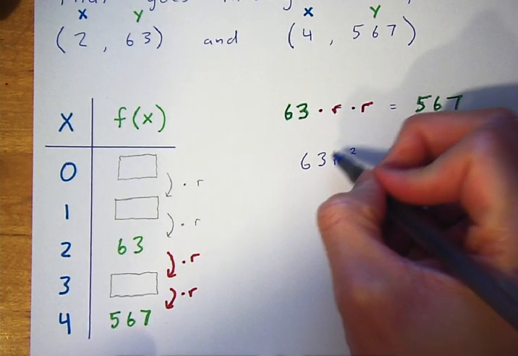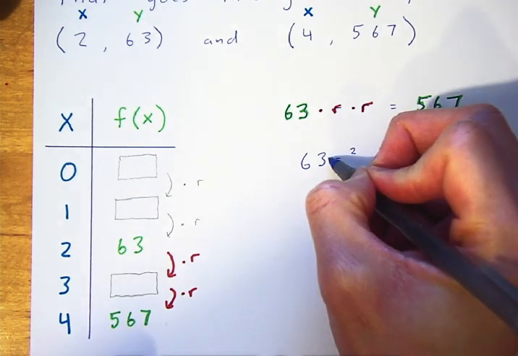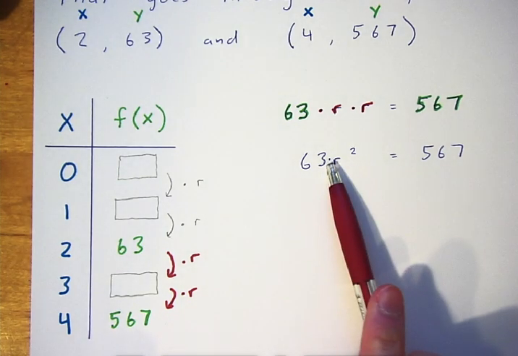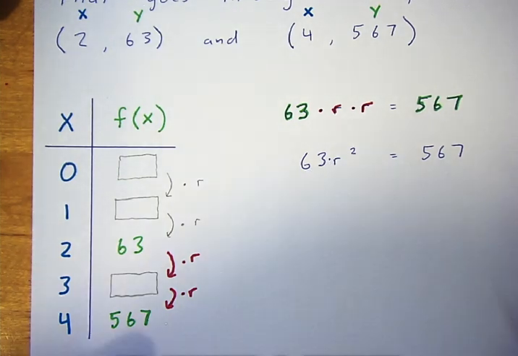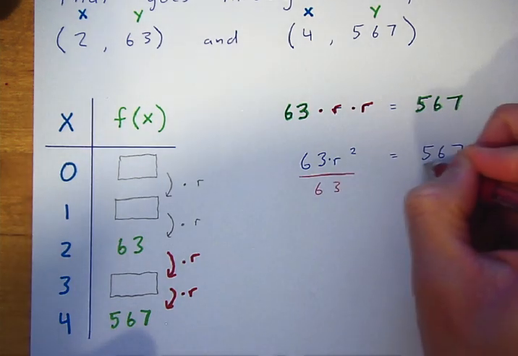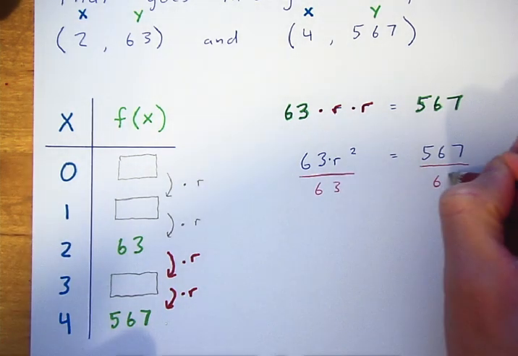Now in order to get rid of times 63 from this side, I'm going to divide both sides of my equal sign by 63.